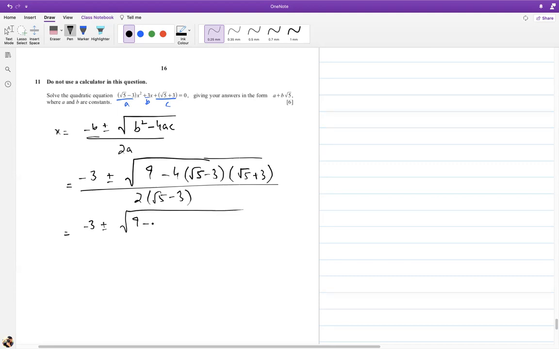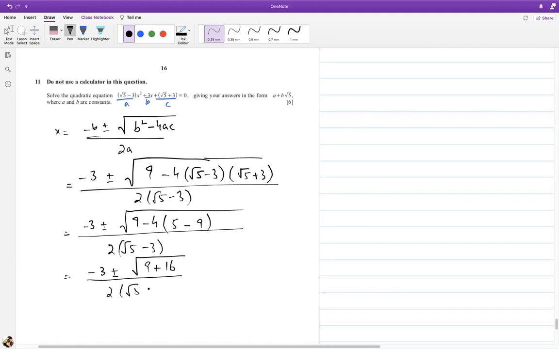So 9 minus 4, square root 5 minus 3 times square root 5 plus 3, a minus b, a plus b, that is a squared, which is square root 5 squared, which is 5, minus b squared, which is 3 squared, which is 9, over 2 into this whole thing. I'm not opening the brackets here. I don't need to. This gives me minus 3 plus or minus square root 9 plus 16 over 2 square root 5 minus 3.